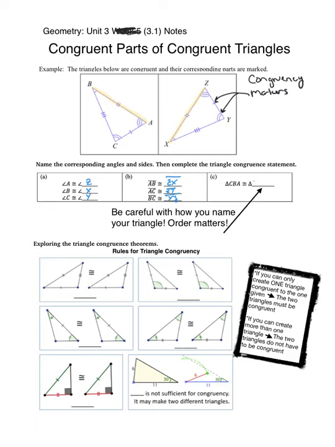That's angle Y. Which angle matches with B? That's X. And which angle matches with A? That's Z. The order does matter because you're saying this triangle with these particular angles is congruent to that triangle because those angles all match.